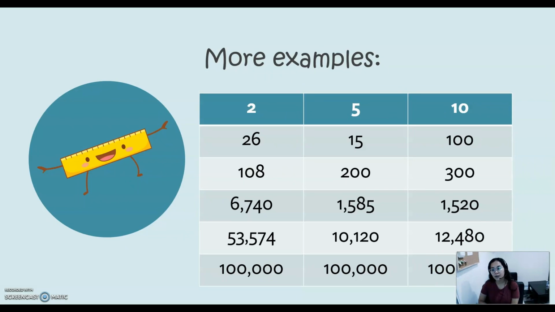As you may notice, in the last row of the table, we have 100,000. Meaning, a number can also be divisible by another number. For example, it can be divisible by 2, also by 5, and by 10.